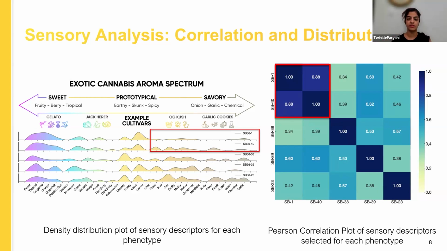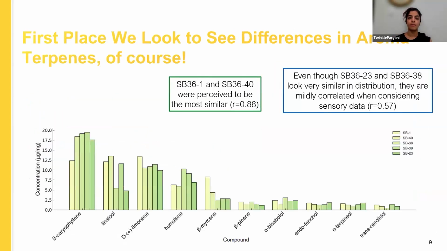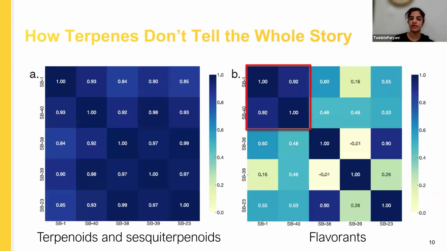Right now we're looking at the sensory distribution, but once we start looking into the data a little deeper, here on the left is a Pearson correlation chart that shows similarities between each of these phenotypes compared to each other. If you're listening visually, it's basically just one blue block, because if we're just looking at terpenes, terpenoids, sesquiterpenes, and sesquiterpenoids, all 5 of the phenotypes are super similar.